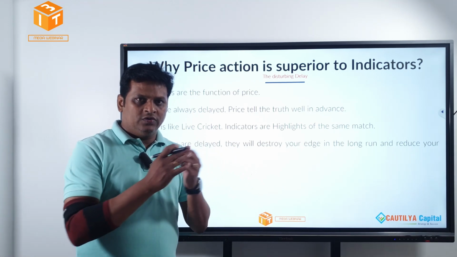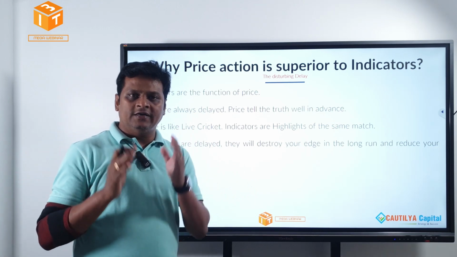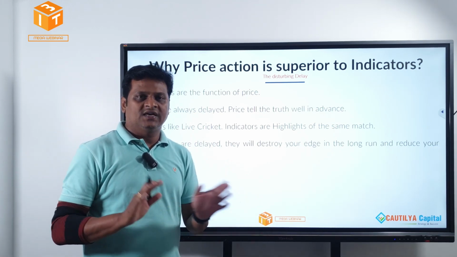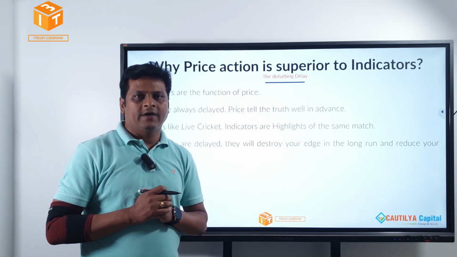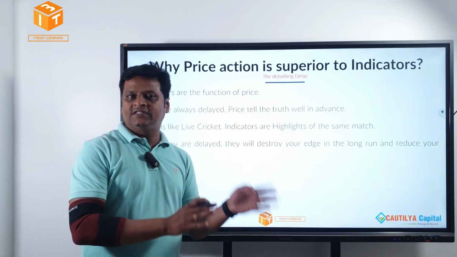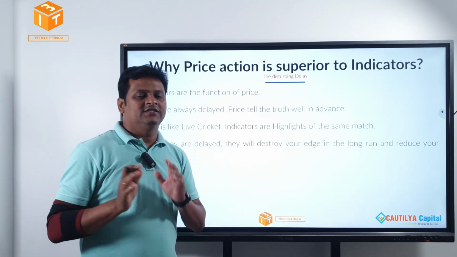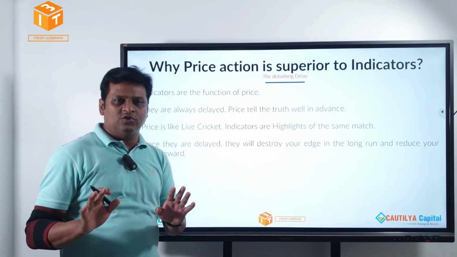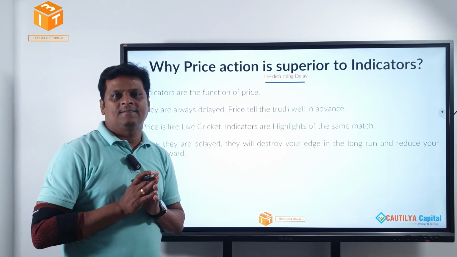Suppose if tomorrow Kohli or Rohit Sharma hits a century, the credit goes to those two guys. The credit never goes to their bats. If PV Sindhu wins a tournament, the credit doesn't go to that racket. The same thing holds good here. If somebody makes a fortune using those indicators, the credit should only go to that great person.